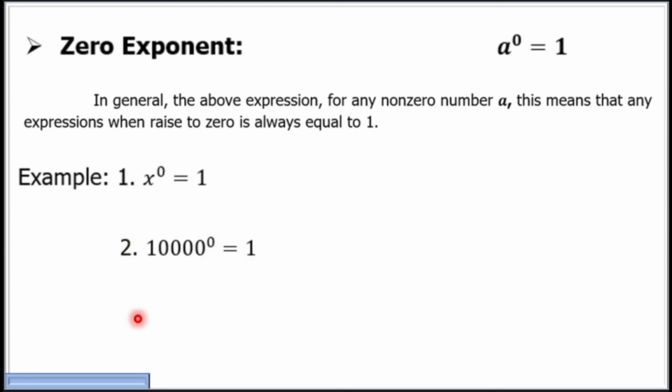Example, if imong bound 500, 500 raised to the power of 0. What is the answer? 500 raised to the power of 0 is? Okay, very good. 1. Number 3. The quantity of x, y, z raised to the power of 0 is 1. Okay, lisod ka dyan, no?